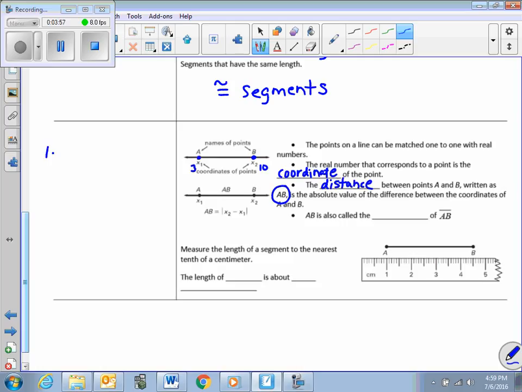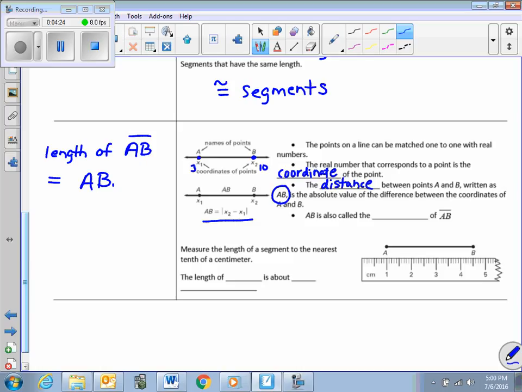If I wanted to use symbols to designate the length of segment AB, then I would write it just like this. AB without the symbol on top means the length of AB, and it is the absolute value of the difference between the coordinates of A and B. That's what we have right here.